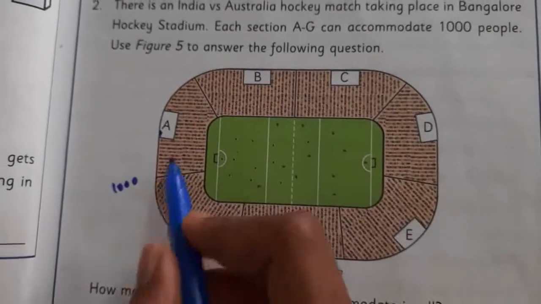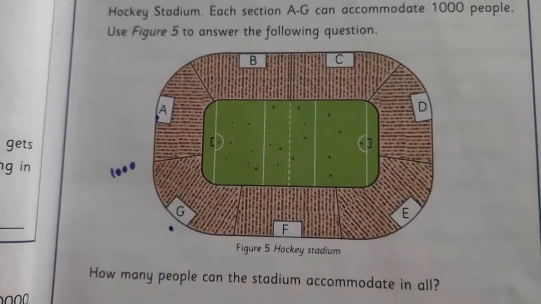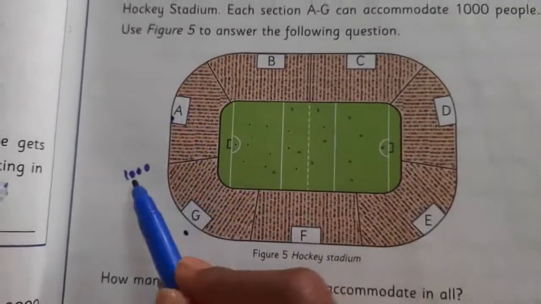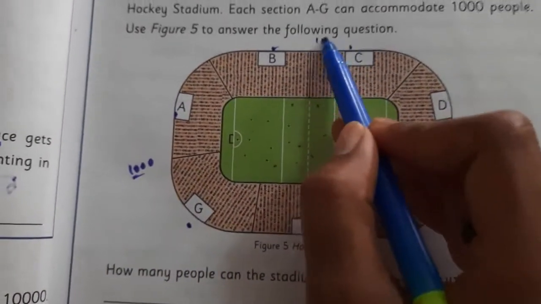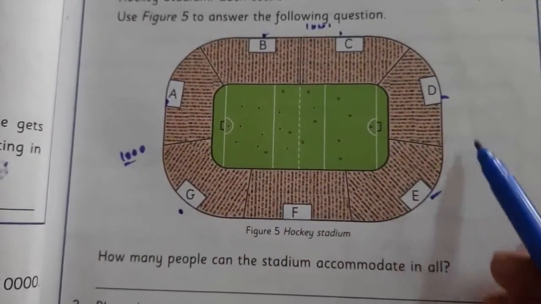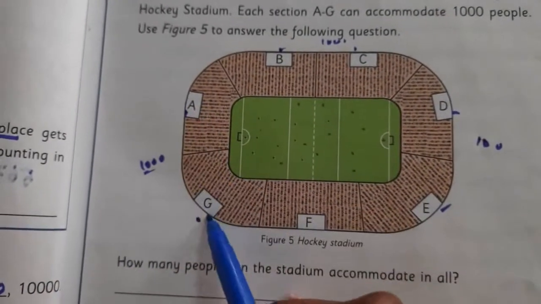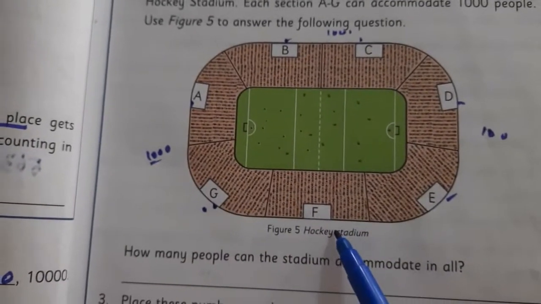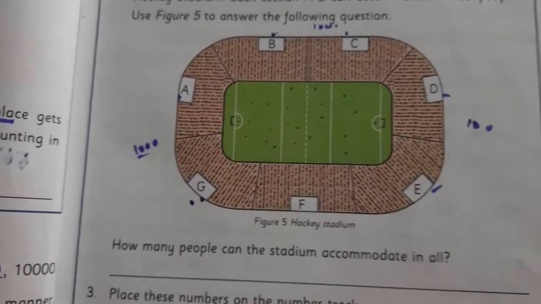Okay, so in two platforms we can seat 2000 people. B and G also 1000 people. D, E is 1000 people.